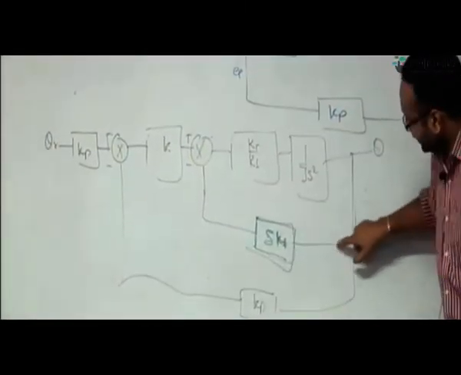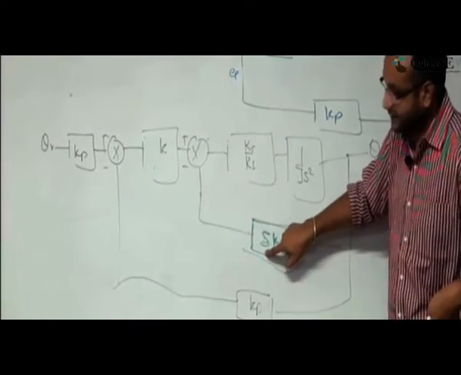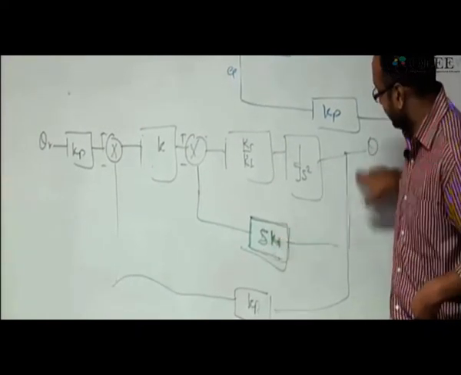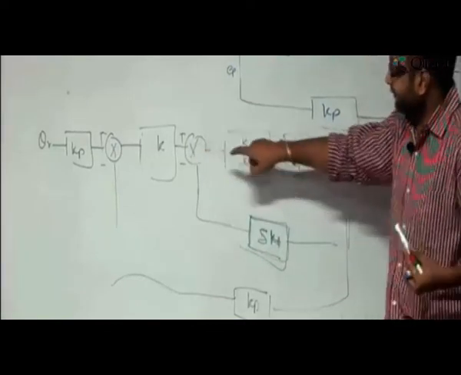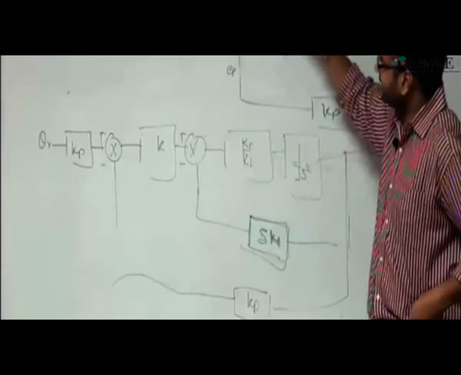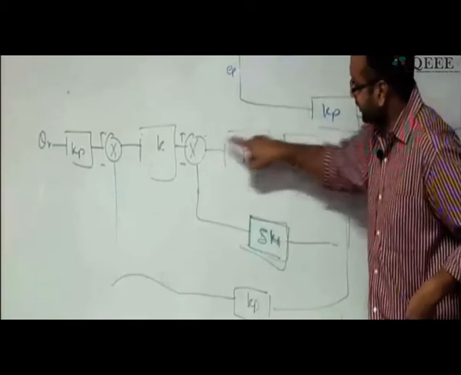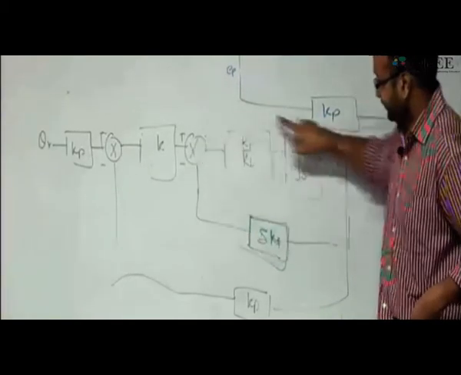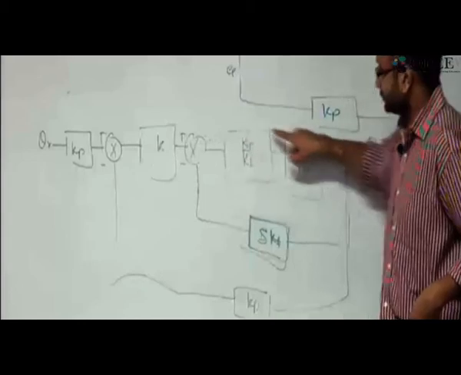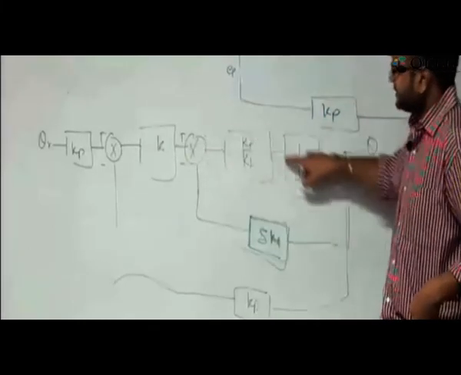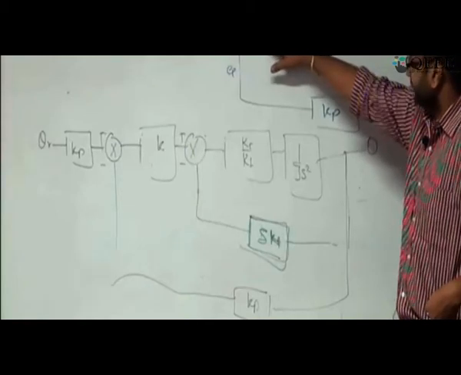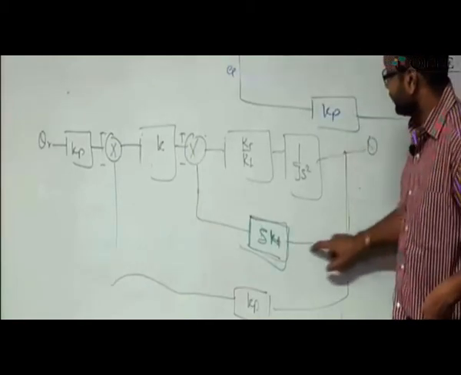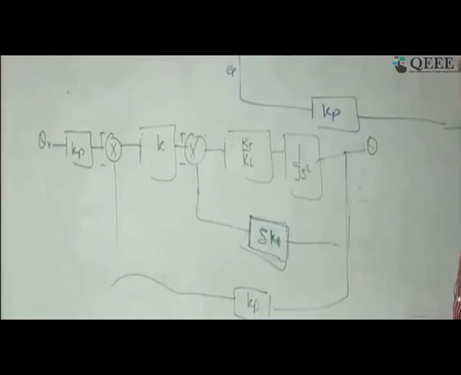Whatever output is coming, if you multiply by s, it is like taking a derivative of this signal, and that has been provided. So look at the difference here. Now I am not taking the derivative of the error, I am taking the derivative of the output. Correct? So in this case it will not emphasize the error the way we were doing it here. This is the alternate way people have used it.